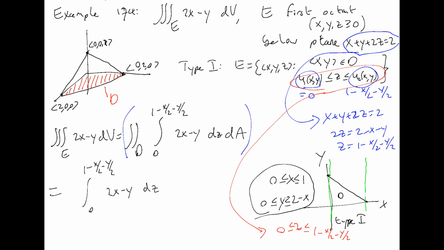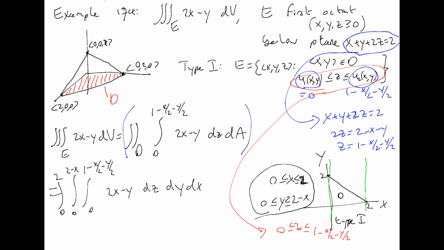And then we're going to do the dA as in type 1, which is dy dx. So y is between 0 and 2 minus x, and x is between 0 and, this should have been 2. It was between 0 and 2. Yeah, this is 2, this is not 1.